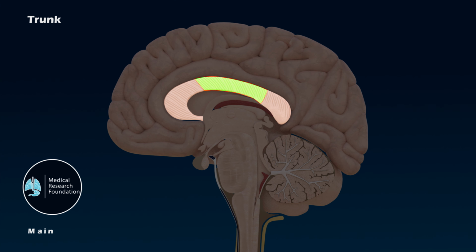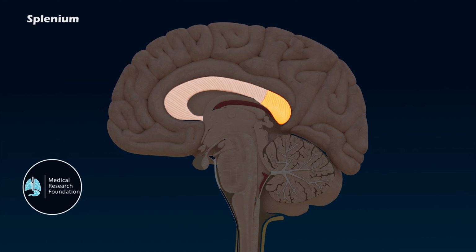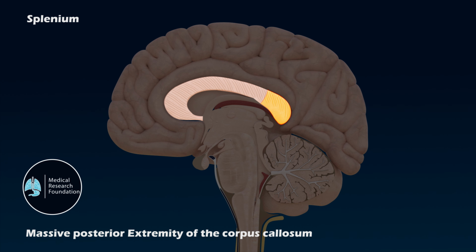Trunk. The trunk is the main middle part of the corpus callosum, between its thick anterior genu and massive posterior splenium extremities. Splenium. The splenium is the massive posterior extremity of the corpus callosum, lying 6 centimeters in front of the occipital pole.